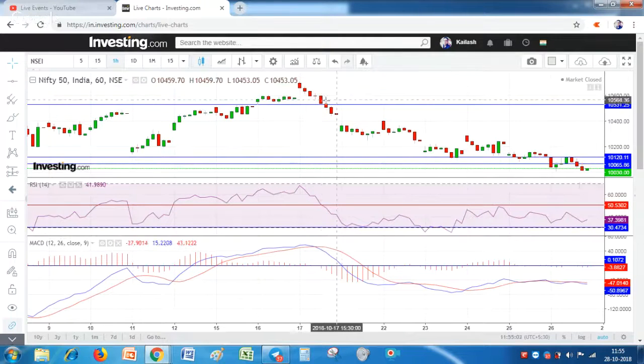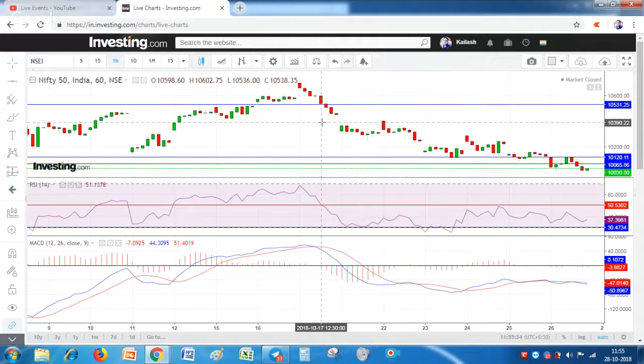For those who are trading futures, this is not a futures chart. I am not checking the futures chart, but if we check futures charts there may be a little difference, sometimes 10-20 points. But as the expiry closes, even futures charts come very close to this spot chart, so their levels are almost equal.